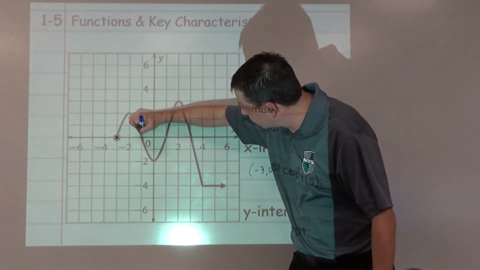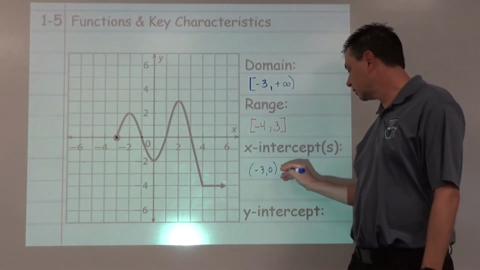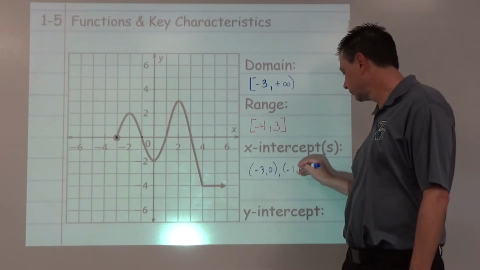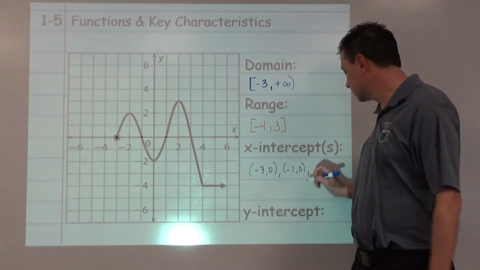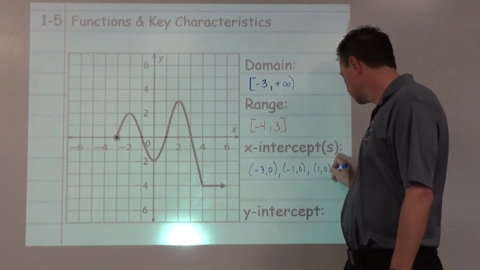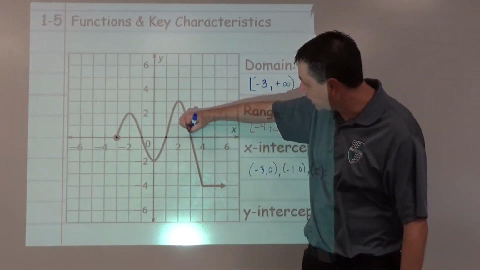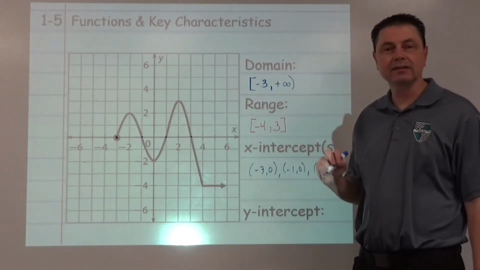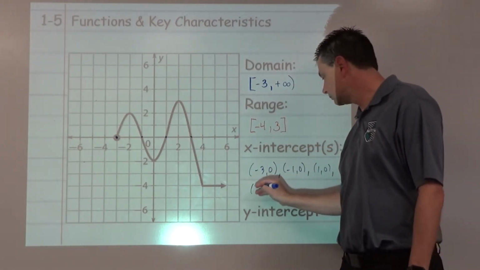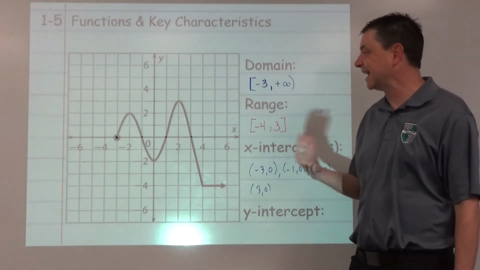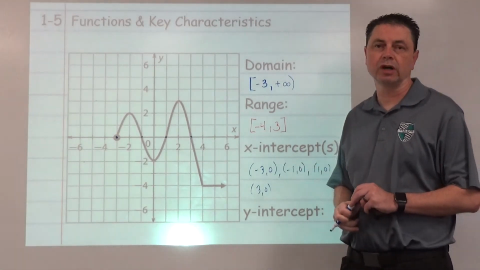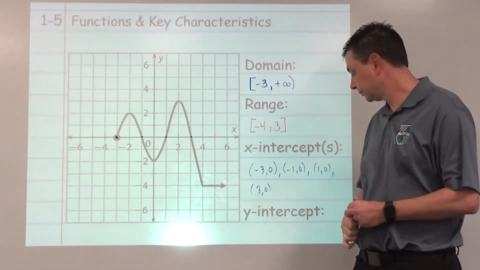Once again here at -1, 0. Right here at 1, 0. And one more time here at 3, 0. Those are the 4 points at which the graph touches or crosses the x-axis.